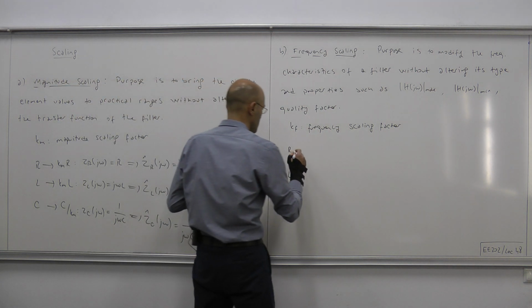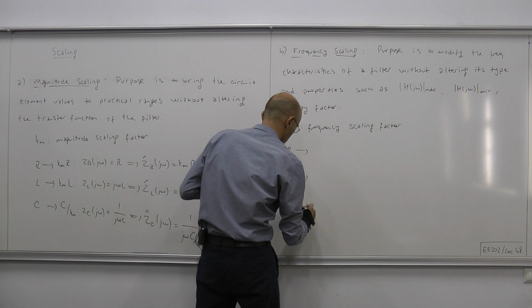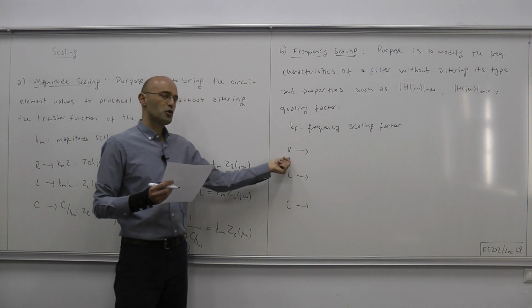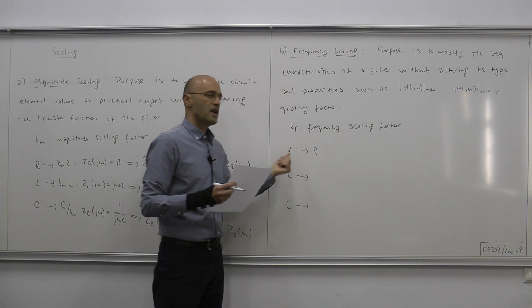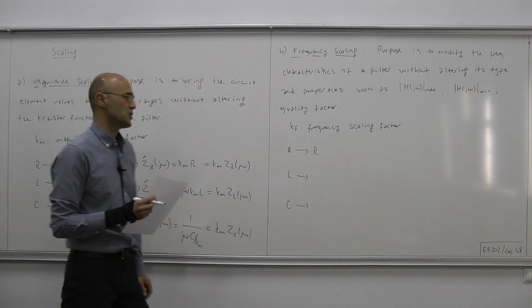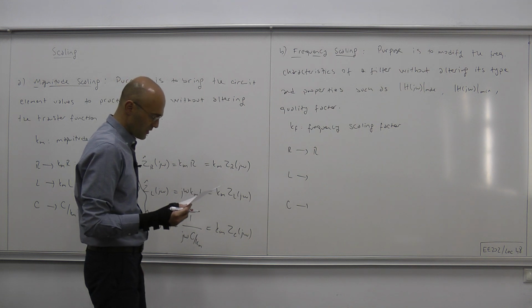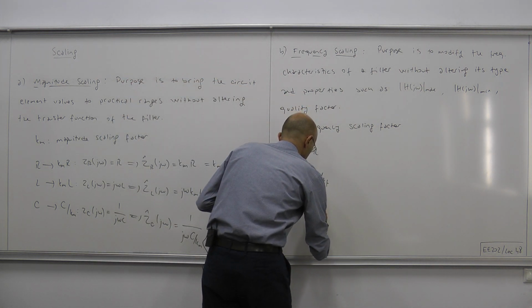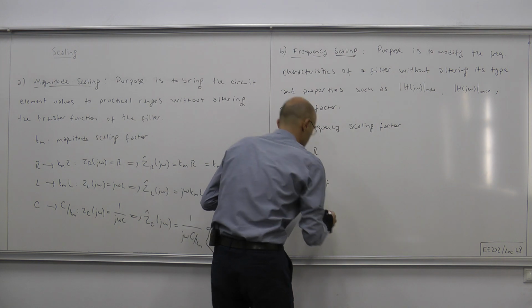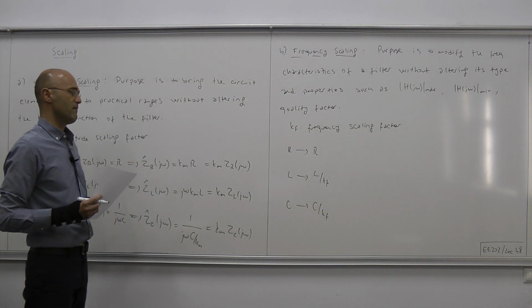Through scaling, first of all, you don't touch the resistance values. They're the same before and after the scaling. As for the inductance and capacitance values, you scale them by a factor of Kf.